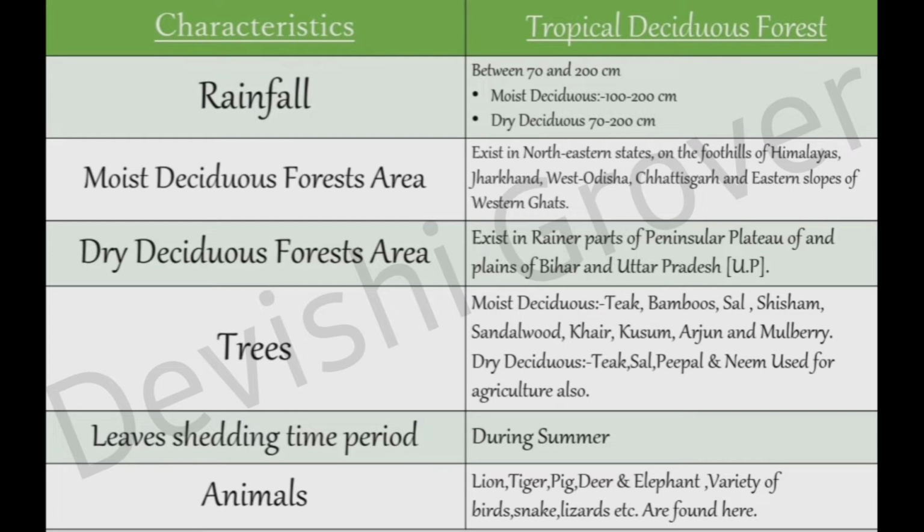In moist deciduous forests, bamboo, sal, shisham, sandalwood, khair, kusum, arjun and mulberry are found, whereas in dry deciduous forests, teak, sal, peepal and neem are found, and are used for agriculture also. Tropical deciduous forests do have a certain leaf shedding time period.